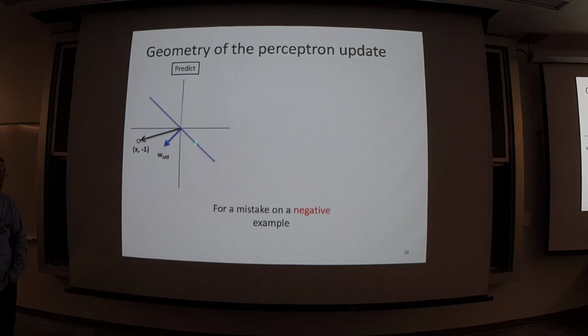Because the weight vector and the input vector have an angle less than 90 degrees, I'm going to predict this x to be positive. So obviously, I make a mistake on this negative example. Then what should I do?